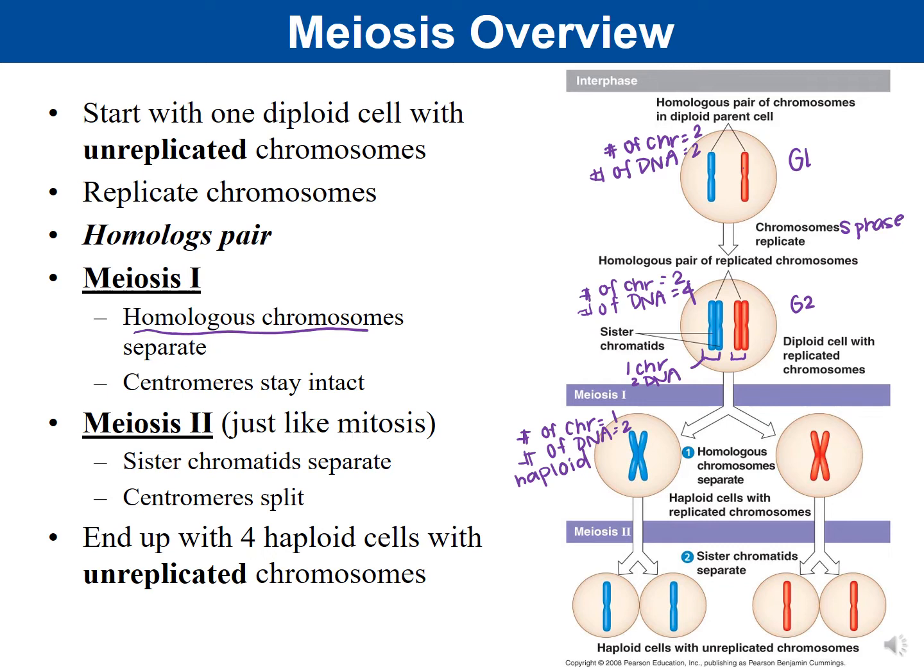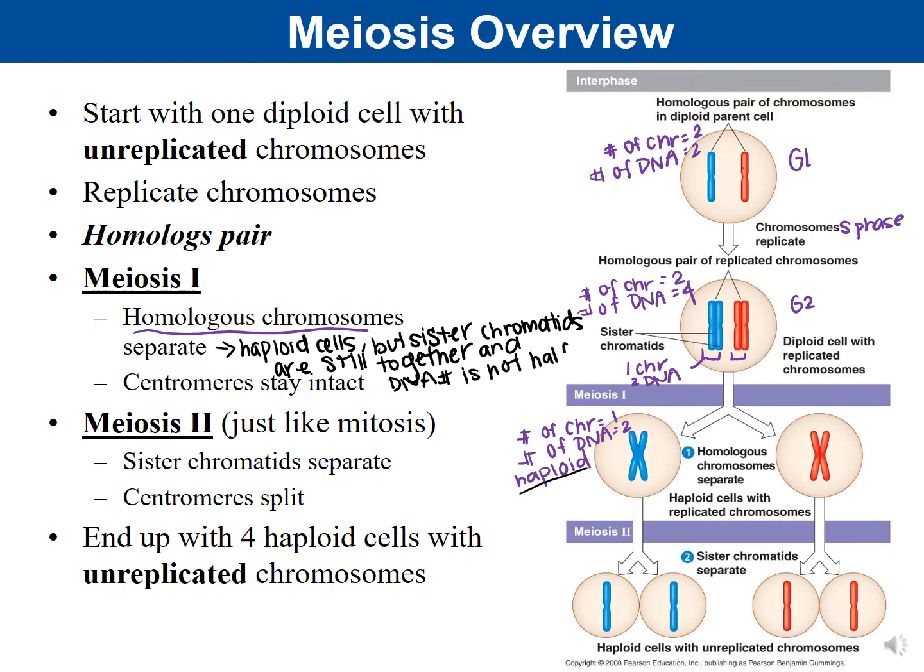Well, the answer is cells are already haploid. So haploid cells, but sister chromatids are still together, meaning they have their duplicated chromosomes, and DNA number is not reduced in half, right?